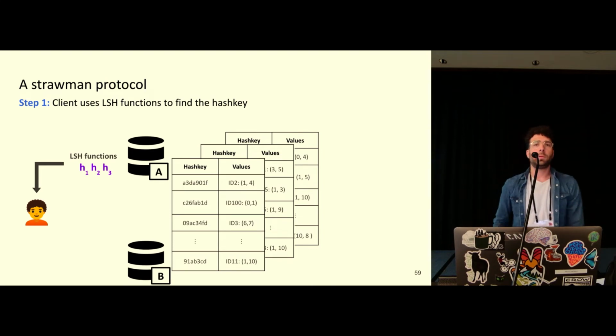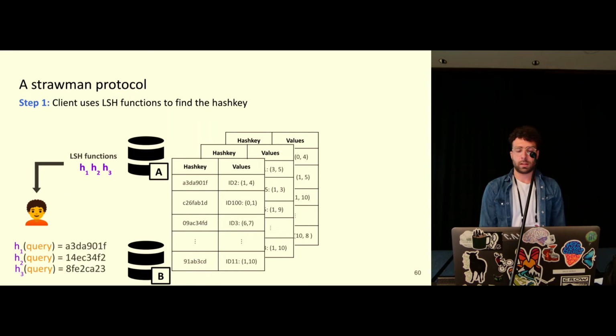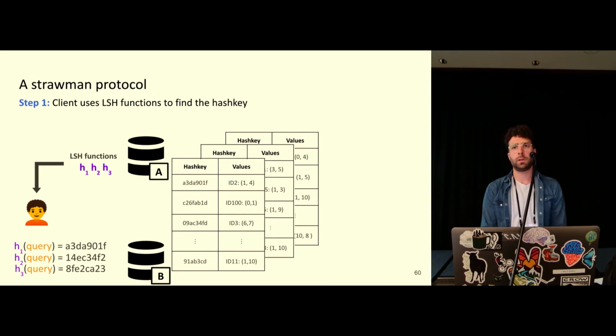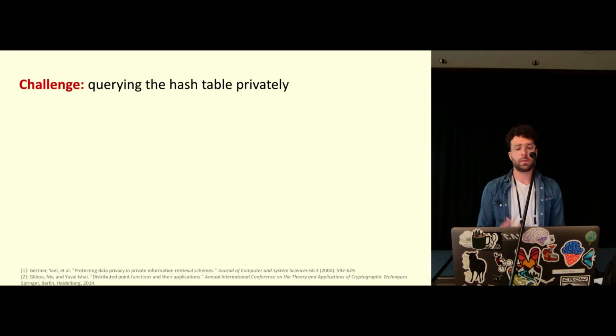They will then provide these hash functions to the client, and the client can locally hash its query to obtain the hash keys that it has to look up in each of the hash tables. However, at this point, we run into a problem because the actual hash keys that the client wants to look up in each of the hash tables are going to be private information because they're related to the client's query. So the first challenge we have to solve is privately querying these hash tables.